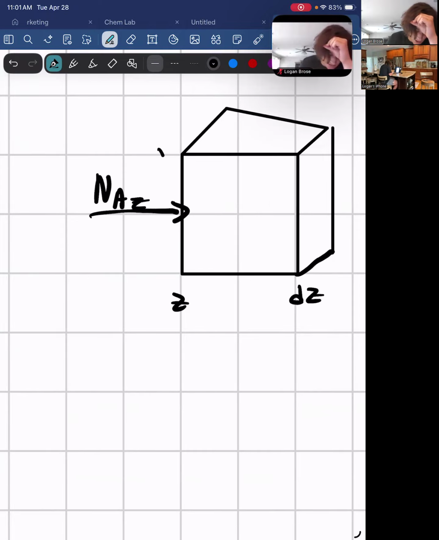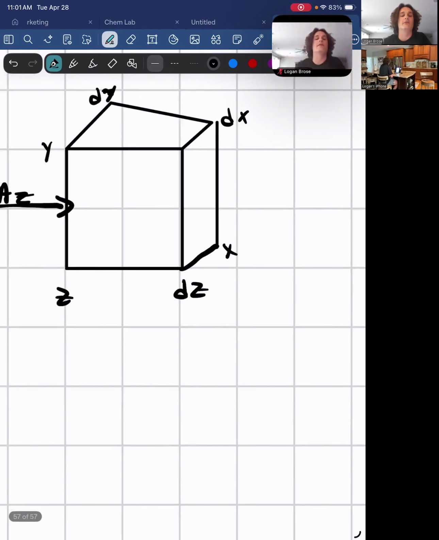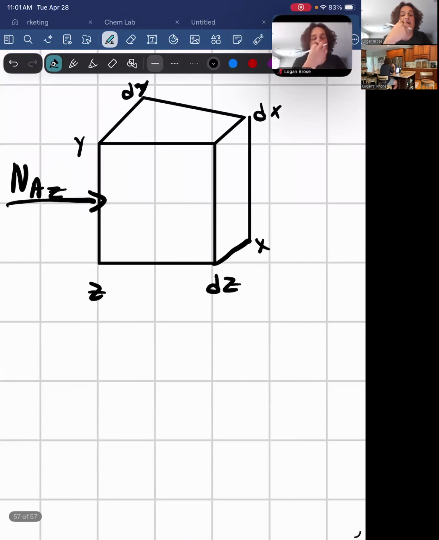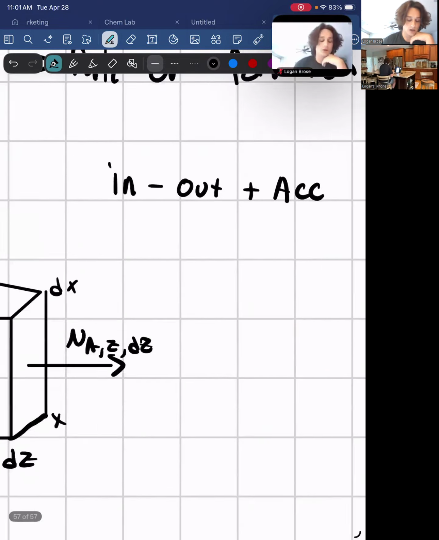This will be y to dy, and then this will be x to dx. And here we have our flux of A going through our cube in the z direction, and when it comes out, it will have a flux of N_A at z plus dz because it went through the entirety of z to dz.